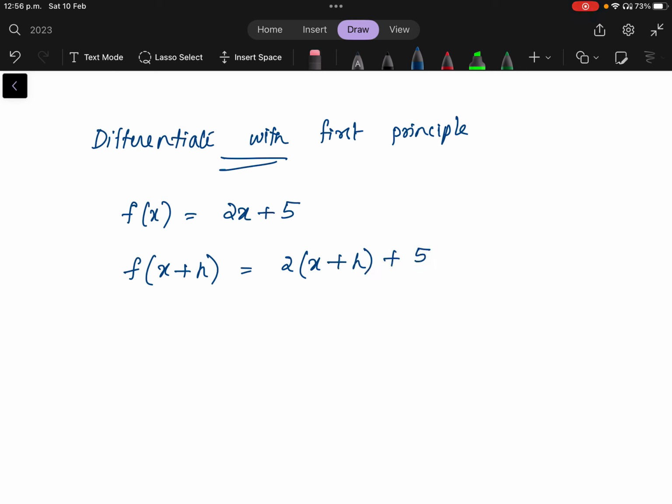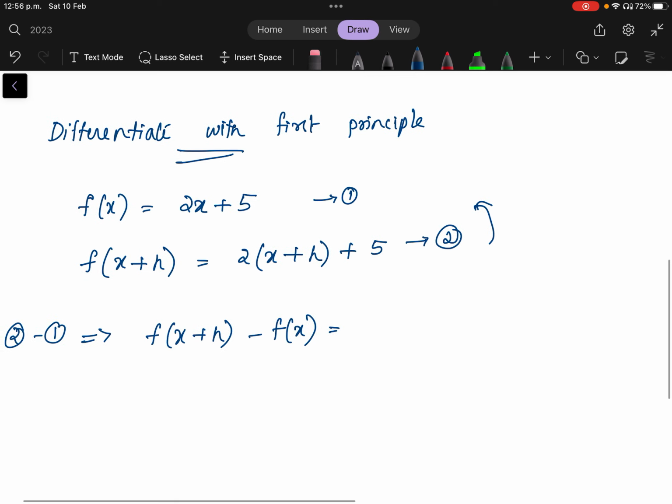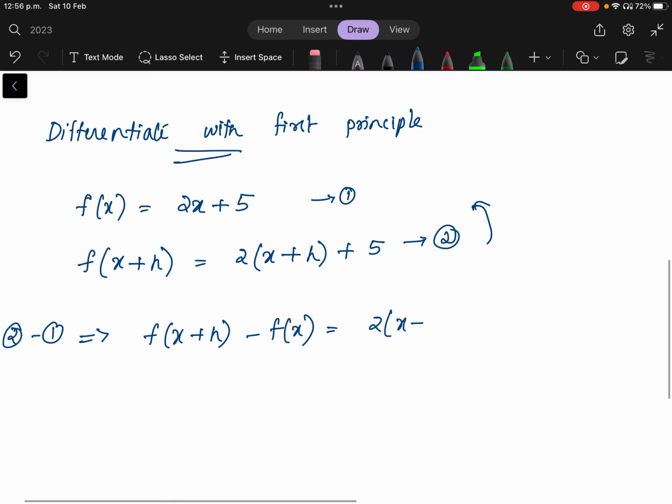Okay, now this is the first equation and this is the second equation, so I'm going to do 2 minus 1, so I'm just going to subtract these two equations, which will give you f of x plus h minus f of x, which is equal to, the right hand side will become 2 into x plus h plus 5 minus 2x plus 5. So always remember, when you are subtracting, you need to put the brackets properly. Otherwise, you will miss out on the negative values and the sum will go wrong.